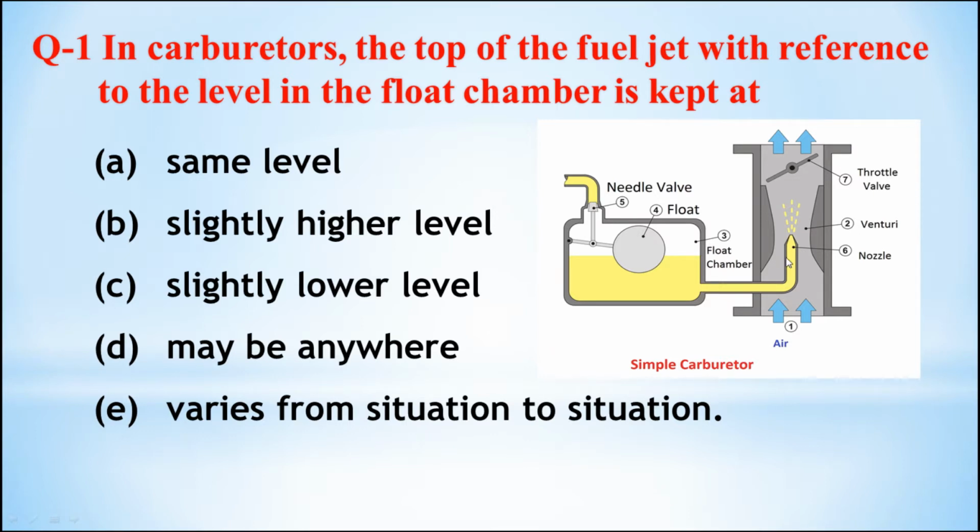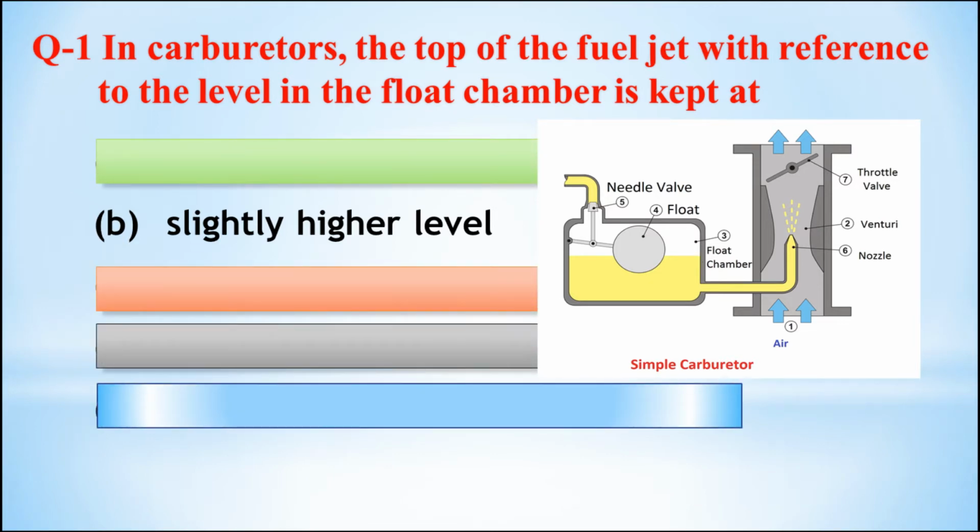The level of the nozzle is approximately 2 to 5 mm above the float chamber level, because if we keep the level below the float chamber level, then whenever your vehicle is tilted, due to gravity the fuel is automatically injected into the carburetor. So the right answer is option B, slightly higher level.